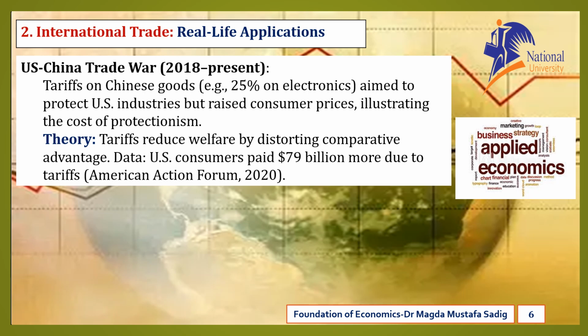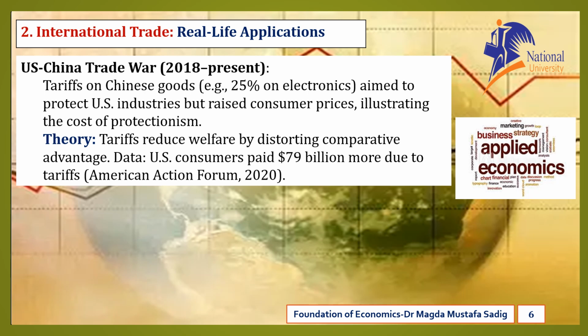And the evidence supports this. By 2020, U.S. consumers had paid an extra $79 billion because of these tariffs, a direct cost of protectionism, according to the American Action Forum. This example shows that tariffs may protect some jobs in the short term, but they also raise consumer prices, hurt exporters due to retaliation, and reduce the overall benefits of trade.